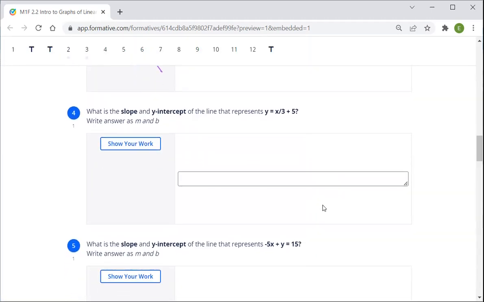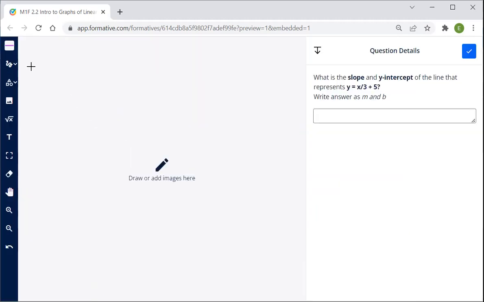Actually, we'll go ahead and try these ones as well. So this one we have y equals x divided by 3. This one is kind of different.